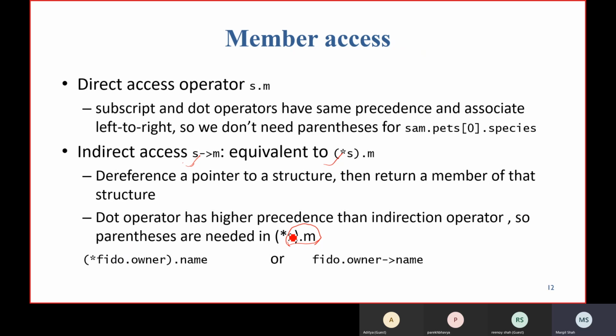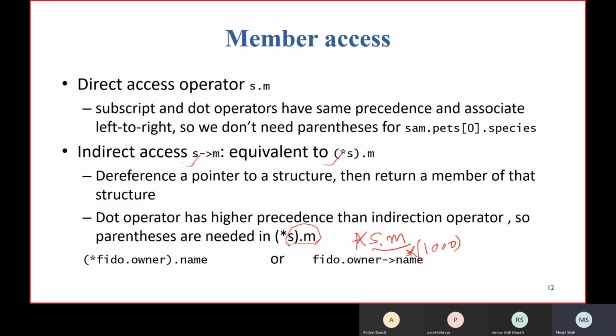So star will try to fetch the value located at whatever address we fetch using s.m. Suppose s.m refers to address 1000, then star may be used to fetch the value from location 1000. That is why brackets are required if we are working with the dot operator.